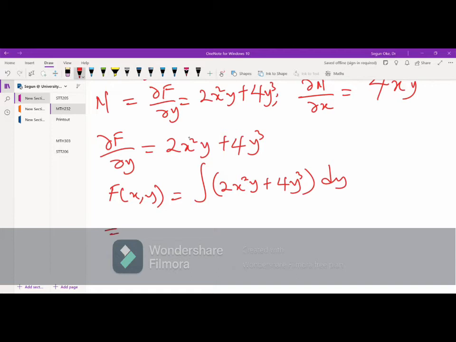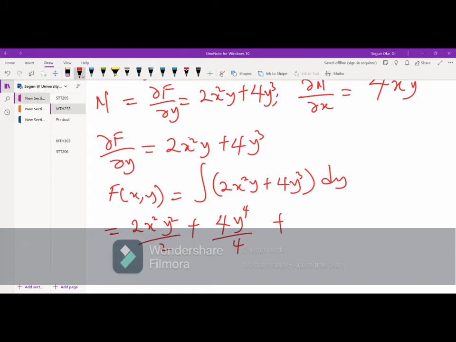If I integrate this one, what do I have, please? With respect to y, 2x squared y squared over 2 plus 4y to the 4 over 4 plus what now? Who can tell us?